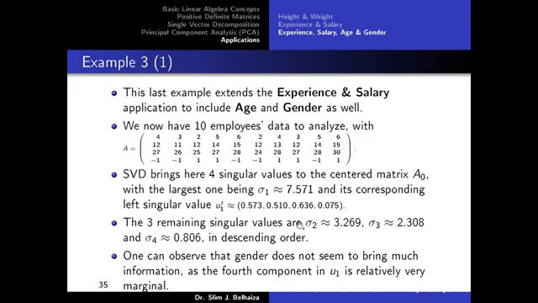And more than this, when I computed the variance covariance matrix, I obtained a very low relation between gender and salary, or age, and of course, number of years of experience. So what I observed is that the last singular value obtained is related to the last row, which means gender has almost no importance. We could observe that gender does not seem to bring much information.